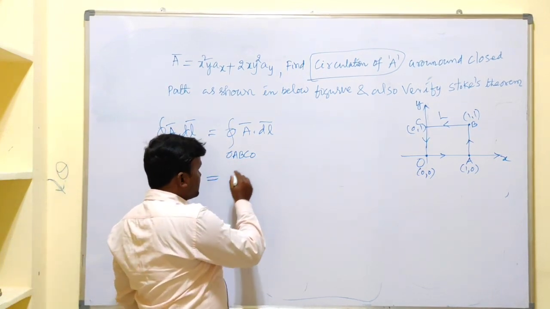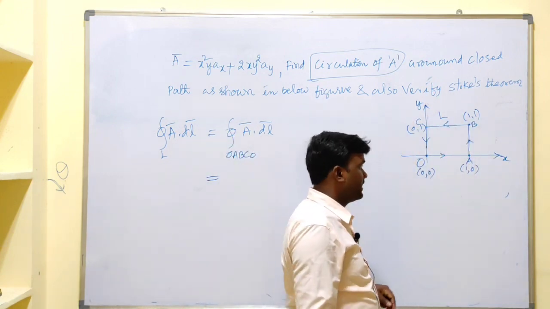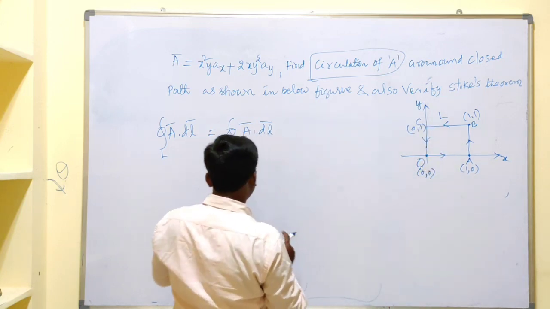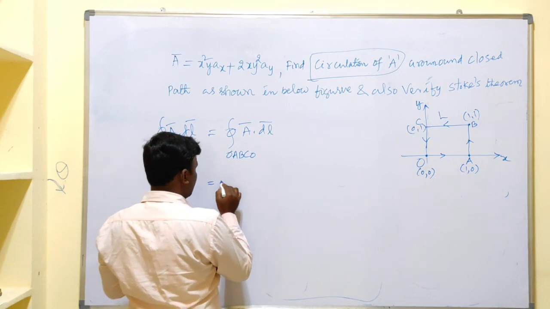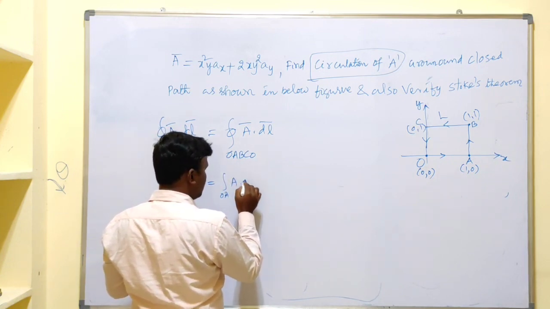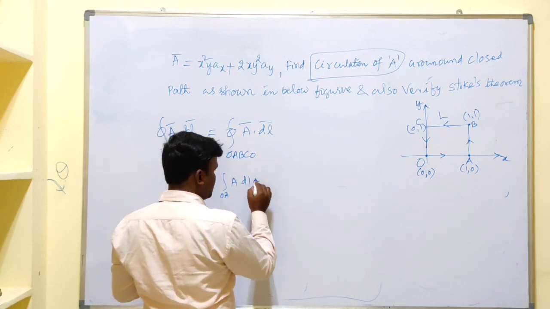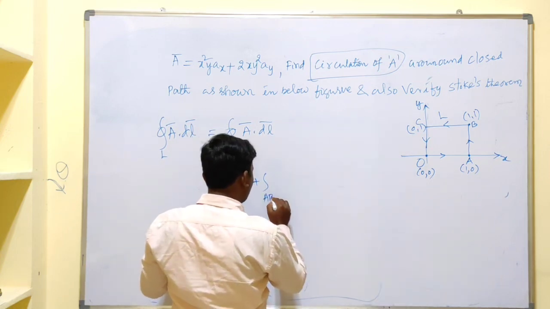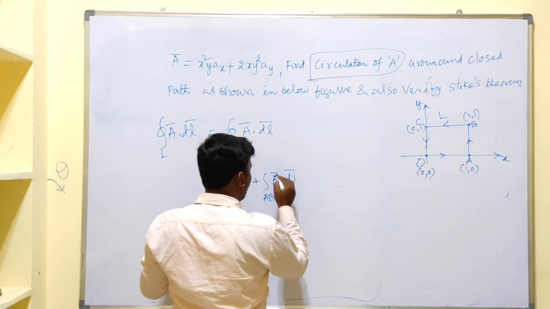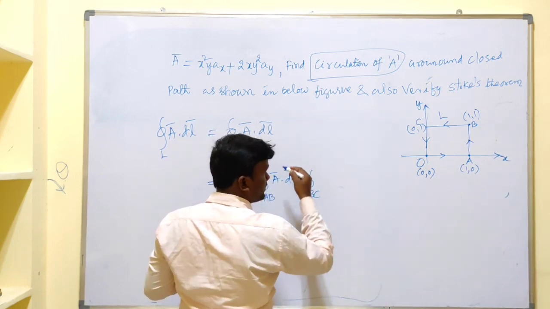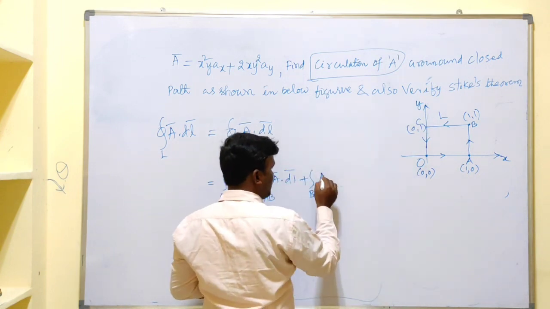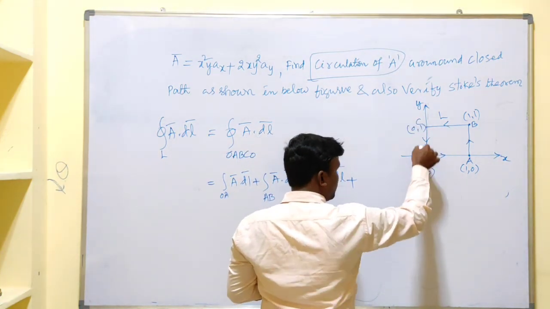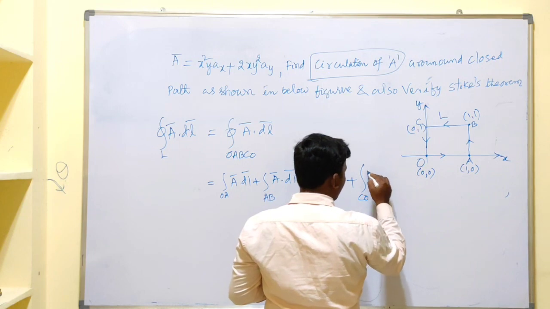We can write closed line integrals as the sum of the open line integrals, O to A, A to B, B to C, C to O. That means I can split this closed path as the integral along OA of A dot dl, plus along AB of A dot dl, plus along BC of A dot dl, and after BC we go in this direction, along CO, A dot dl.